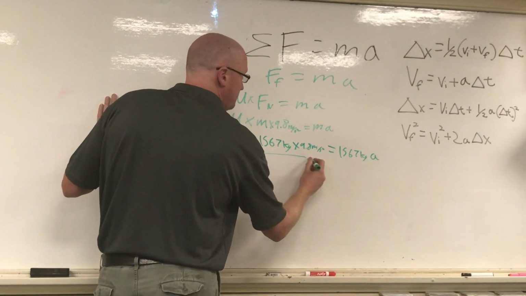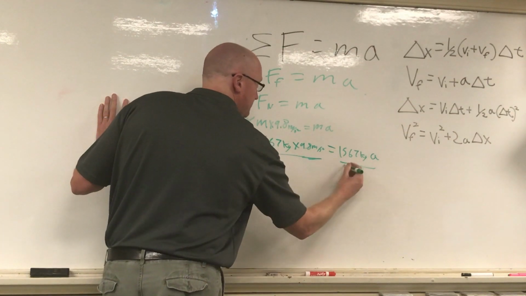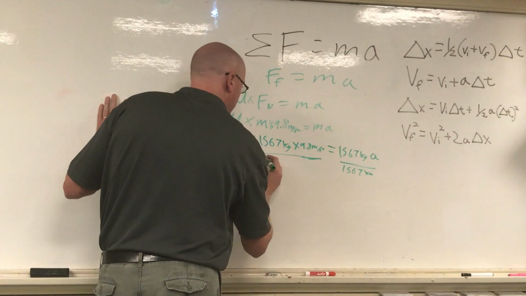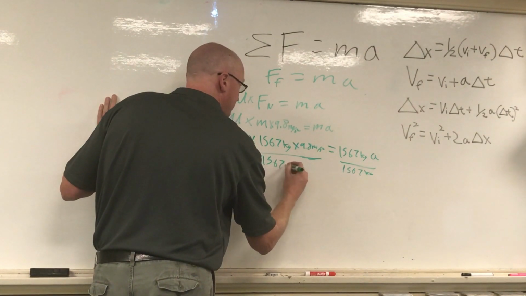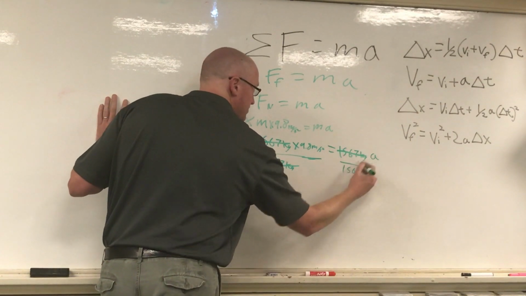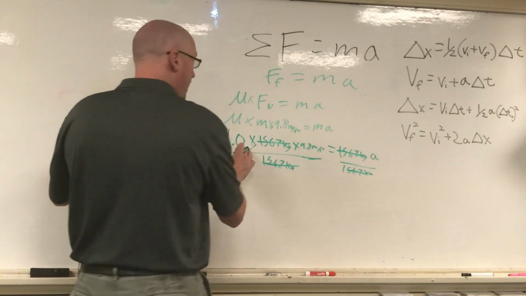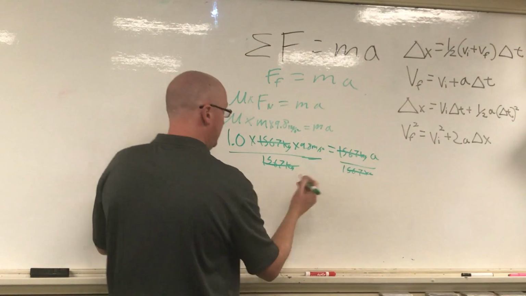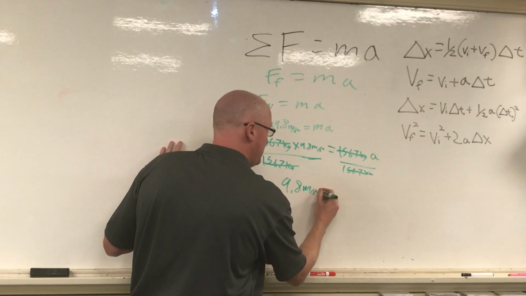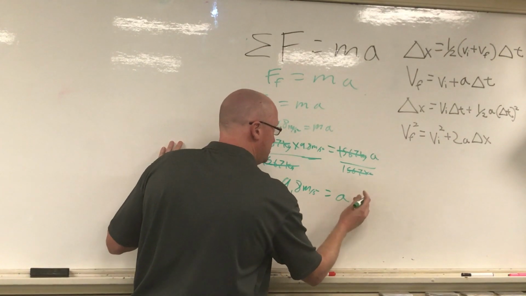So divide both sides by 1,567 kg over 1,567 kg, and they cancel. And 1 times 9.8 is 9.8 meters per second squared, which is equal to acceleration.